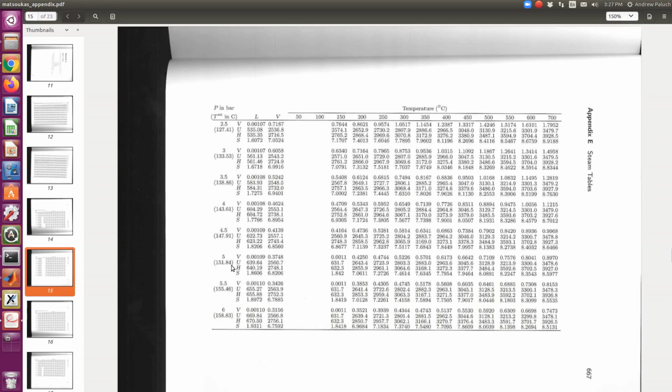So I'm going to have a superheated vapor. I'll read across to 300 degrees C here, and then I will need the enthalpy. I'll record the enthalpy and also the entropy, because I suspect I'll need it for my entropy generation calculation.